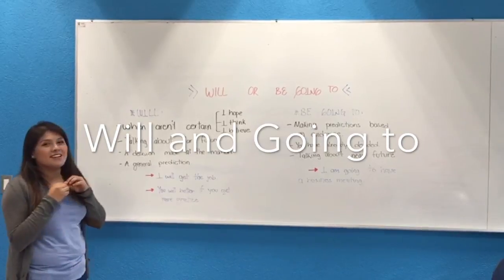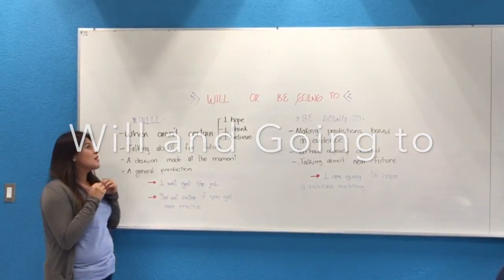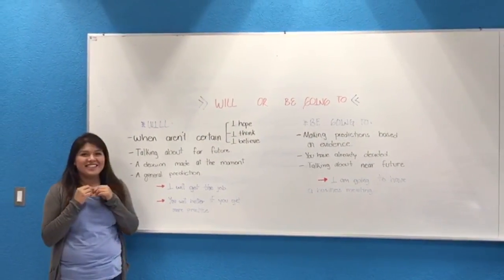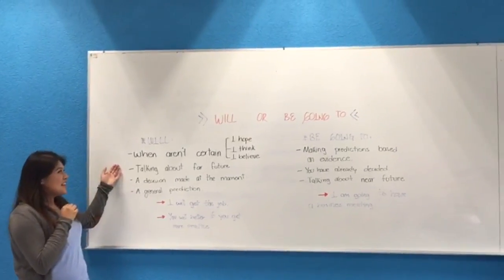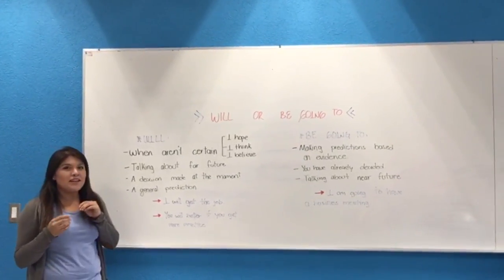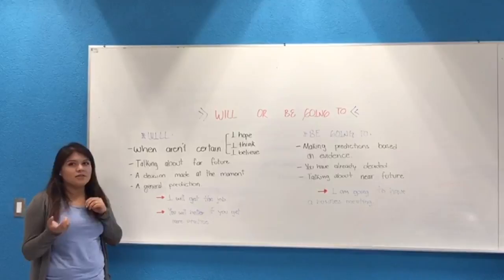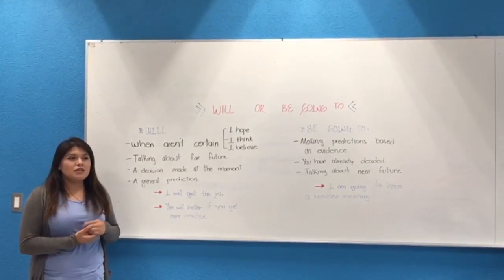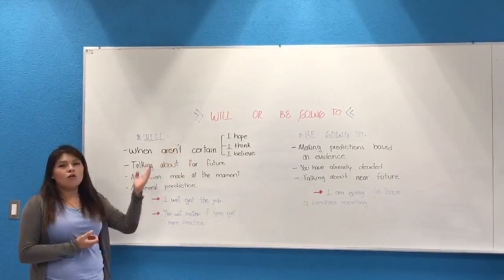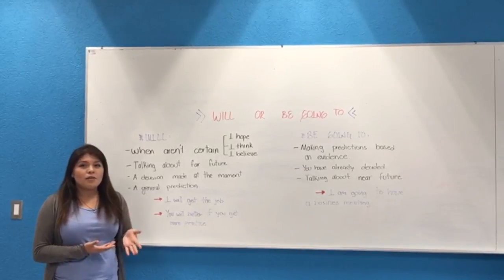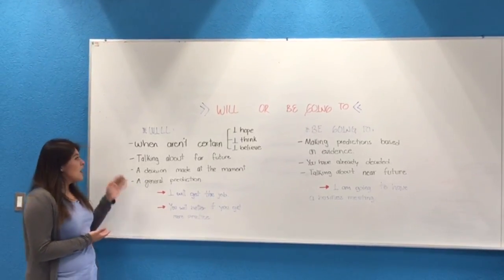Hi, I'm going to talk about will and going to. But first, I want to start with will. We use will when we are not certain about something, and we generally use I hope, I think, probably, I believe.